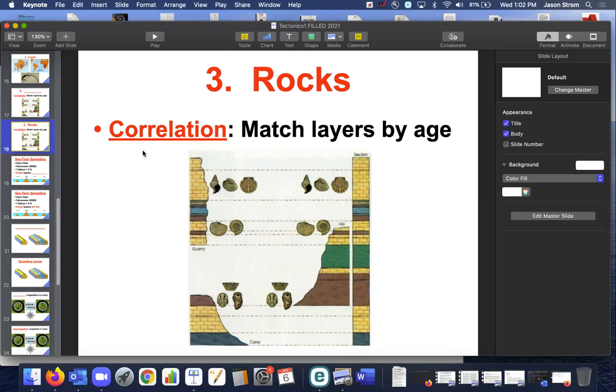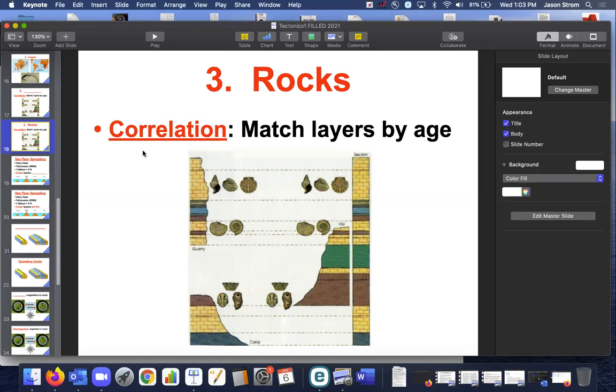Given that, and given the fossils, the rock layers on the east coast of South America and the west coast of Africa matched up, and the rock type and the rock layers that those fossils were found in were the same on both continents. So those were some huge pieces of evidence that would point to the fact that the continents haven't always been where they are now, that they have moved, and that South America and Africa were together.